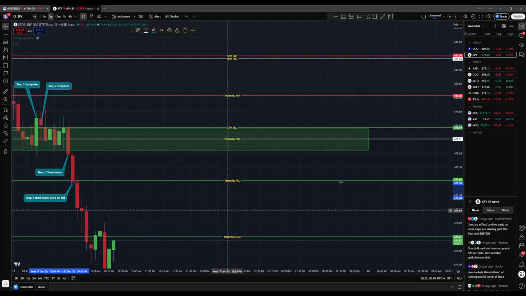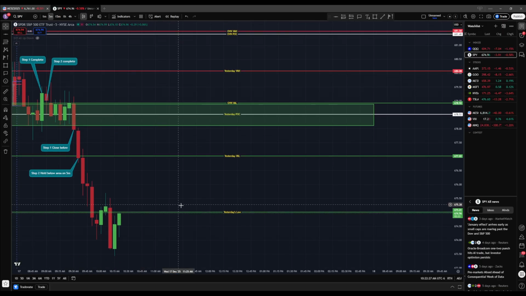I trade the MES right here. Alright, so then I enter a 676 put at the close of this candle. I think I got in for 86 was my average cost, 86 per contract, sorry. And then yesterday's low becomes my target area, my take profit area.